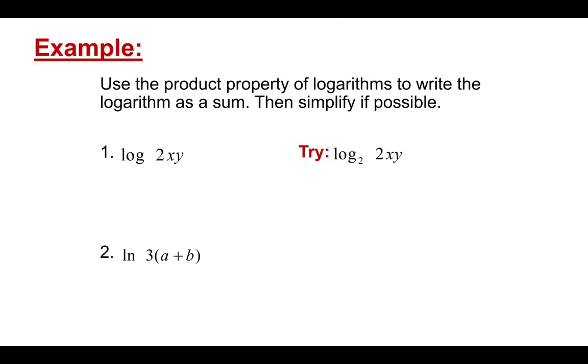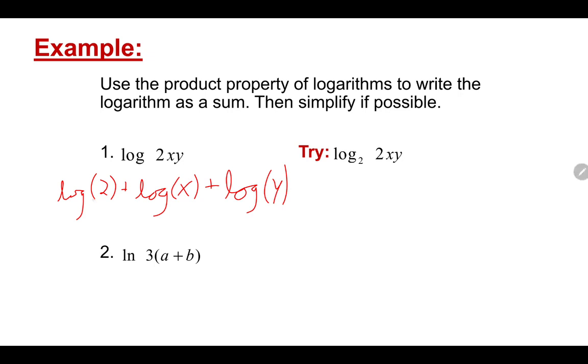So this is the product property of logarithms, to write the logarithm as a sum. And then, of course, we'll simplify if we can. We won't always be able to. So in this case, we have log. And again, as we've established, that's a base 10 because it doesn't say. And then we would write that as log of 2 plus log of x plus log of y. Pretty straight across.